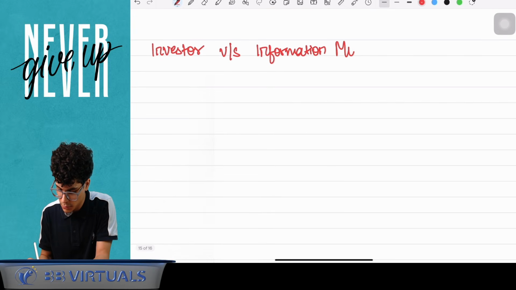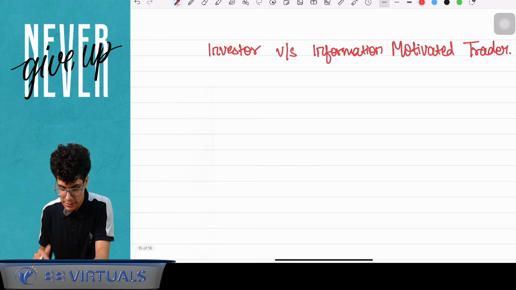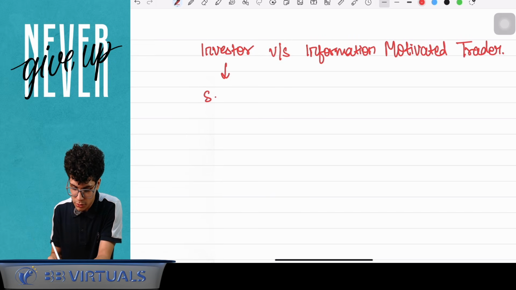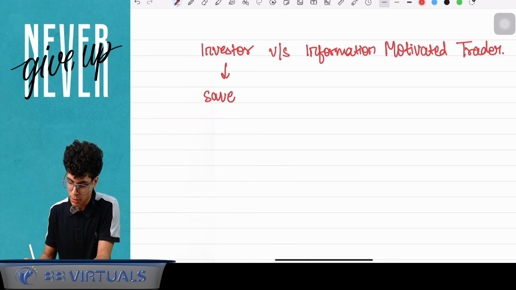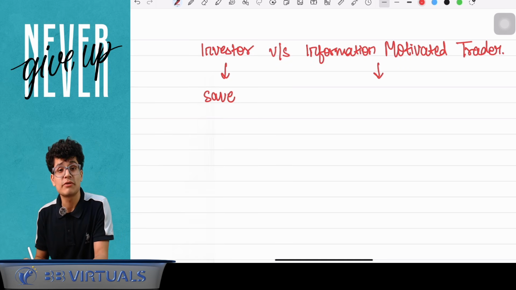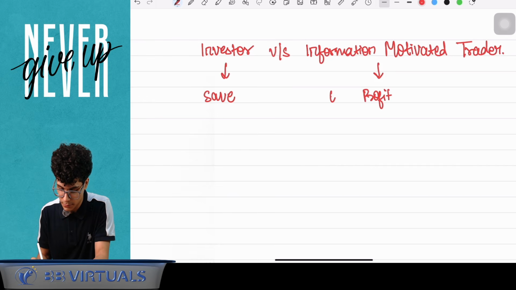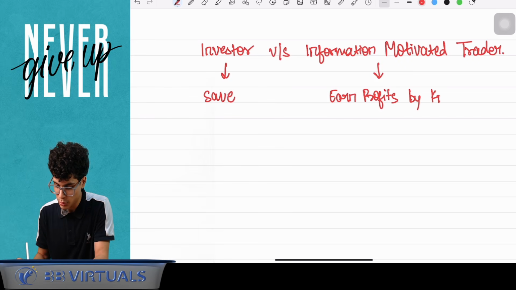So who is an investor? Investor is similar to someone who is wanting to save money. But who is an information motivated trader? He is someone who is wanting to earn profits. Earn profits by acquiring knowledge.